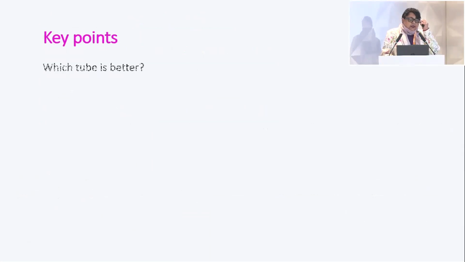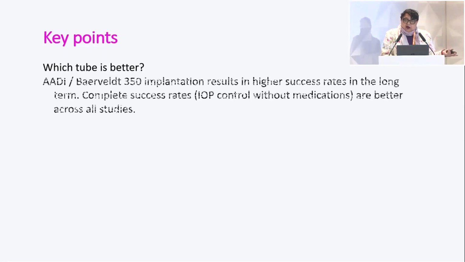So the key points really are, which tube is better? Is there any one superior over the other? You have to choose based on the knowledge you have with regard to all these tubes, even though non-valved have complete success rates better across all studies.